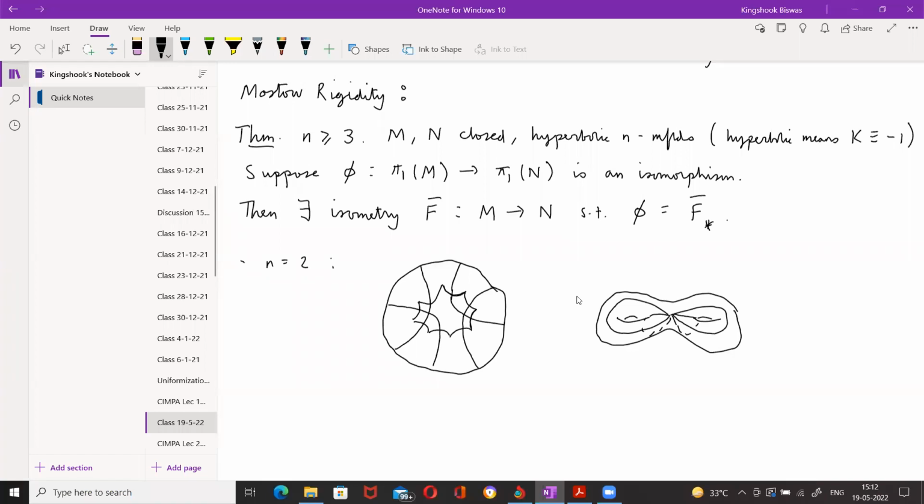And you choose it such that the sum of interior angles is equal to 2 pi. Then you take hyperbolic elements of the isometry group.